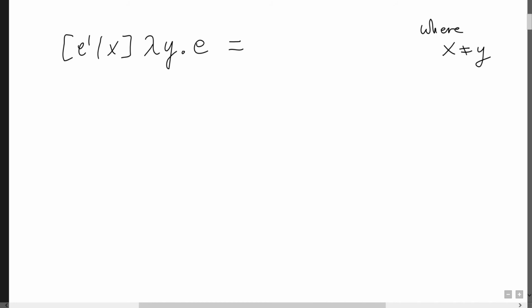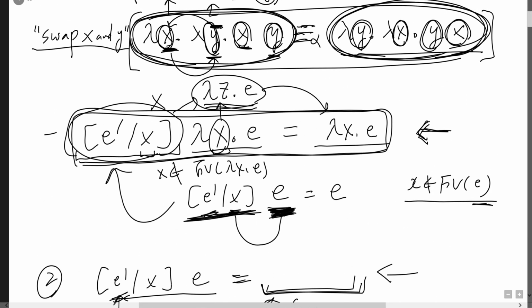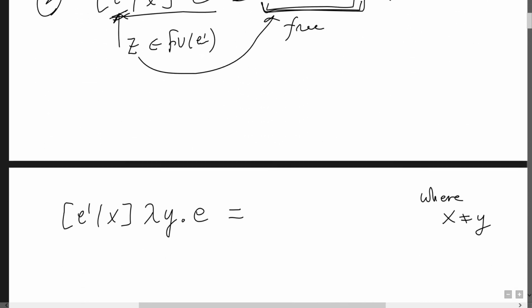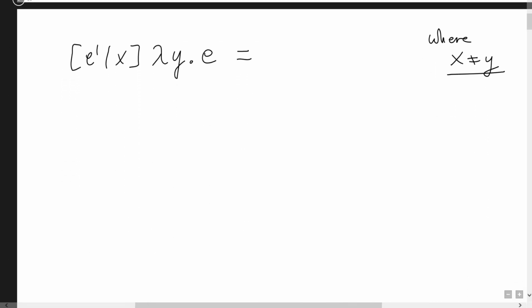If x is equal to y, if these two variables are equal, then we go back to the previous case. If these two variables are equal, then this substitution has no effect. Now, we assume that x is not equal to y.